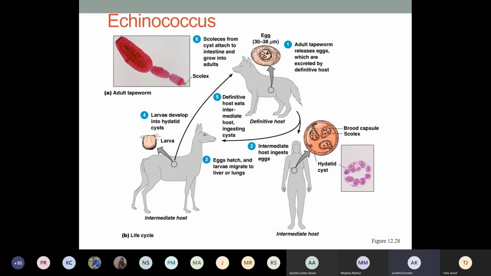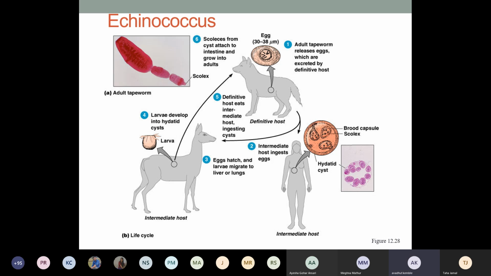Echinococcus granulosus is another parasitic infestation, and man, or a human being, is an accidental host as far as the life cycle of Echinococcus granulosus is concerned. Adult tapeworms release eggs which are excreted by a definitive host.